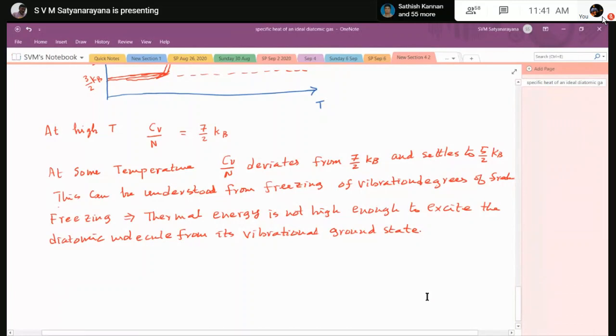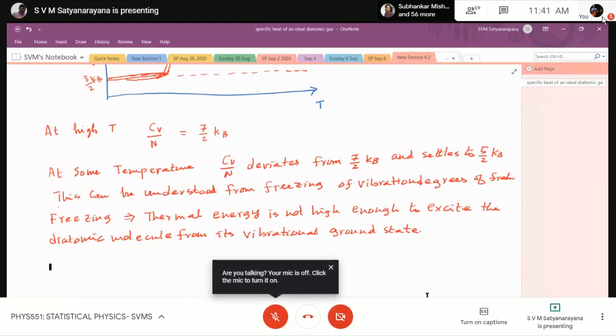Rotational levels are usually probed in the microwave region, so they require less energy. So if you are decreasing the temperature, the first degrees of freedom that will be frozen are the vibrational degrees of freedom.